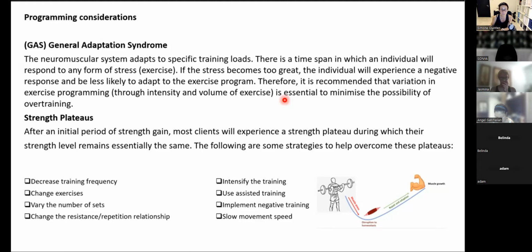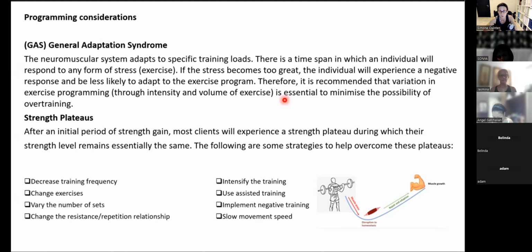It's very, very important. Many people don't have progression because they train too often, they're overloading too much. And the problem is the risk of injury is very, very high when you overtrain, okay? So be very careful with this.